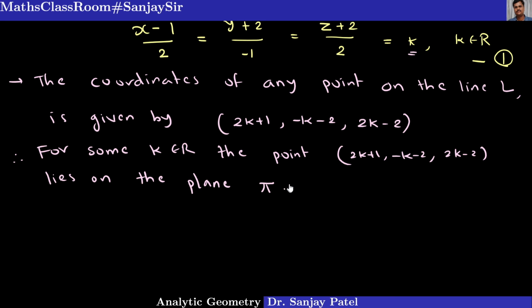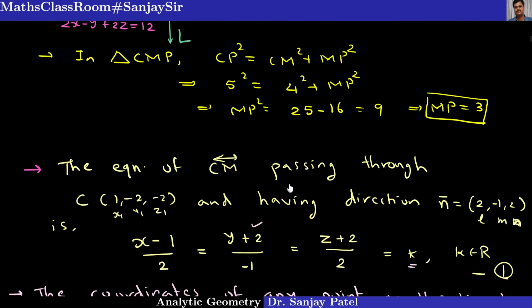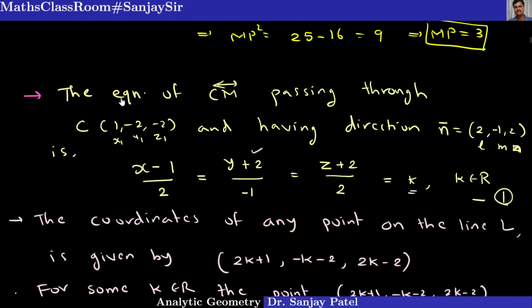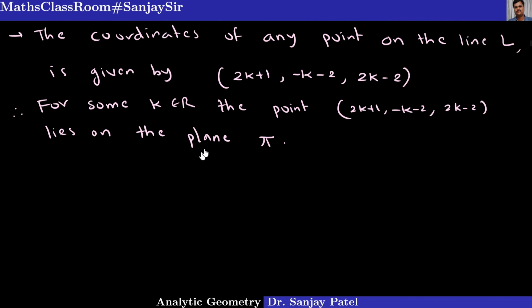What is the equation of the plane? It was 2x minus y plus 2z. So let me write the plane pi, that is 2x minus y plus 2z is equal to 12. So for some k, this point lies on this plane, so it will satisfy this equation.